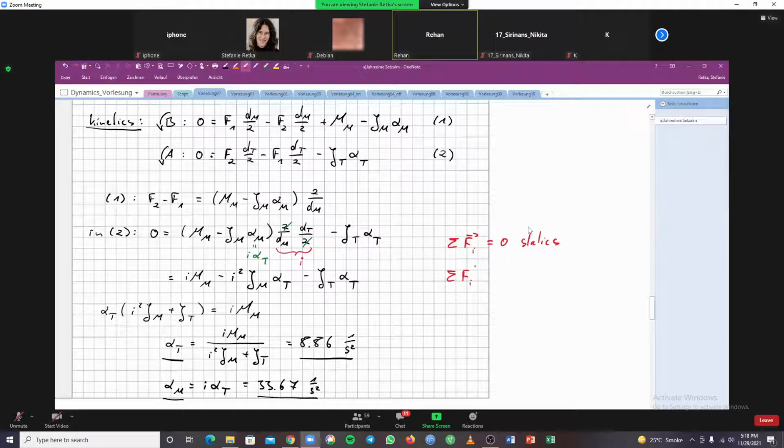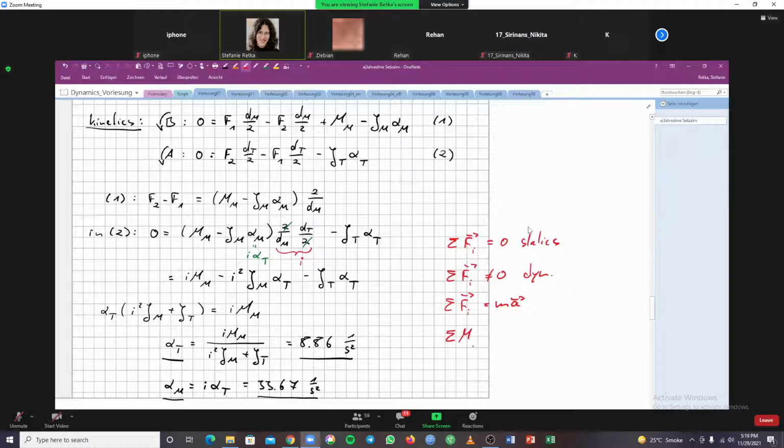It's not 0 in dynamics, because of this additional load in our system, m times a, equal to the inertial force. That's what we are stating for the sum of all forces. And of course, for the sum of all moments, we are stating this as well, as we just discussed in the theory part.